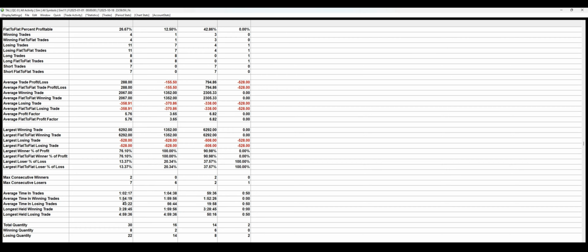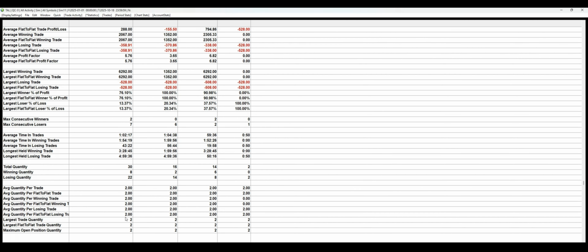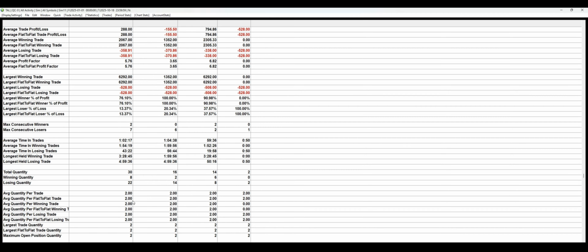Winning trades, we're holding significantly longer than the losing trades, which is good. And our dynamic risk management system selected a 2-lot as being the most optimal position size. So I think our initial lot size is a 1-lot. We only allowed a max size of a 2-lot, and a 2-lot was what we traded.